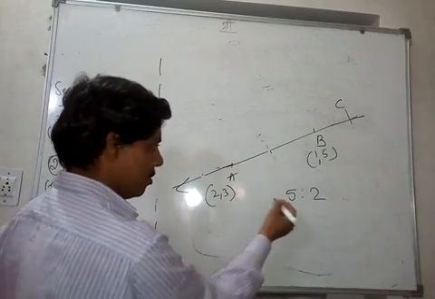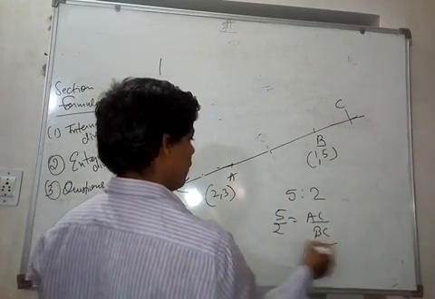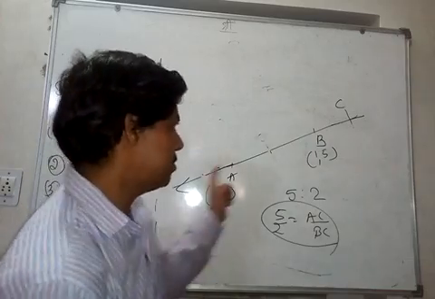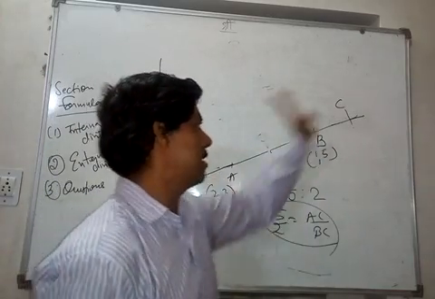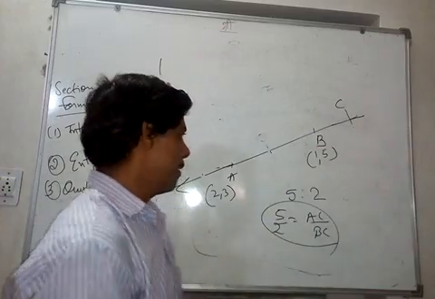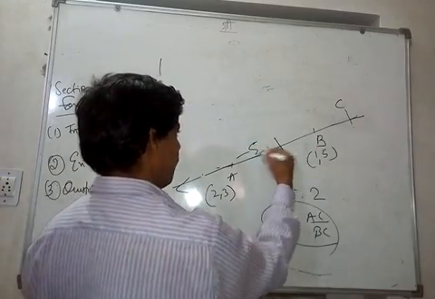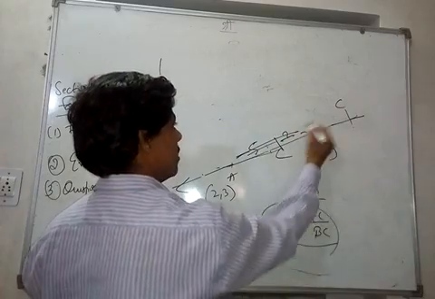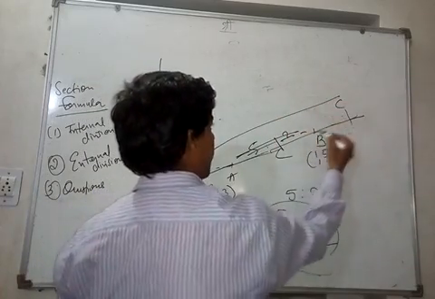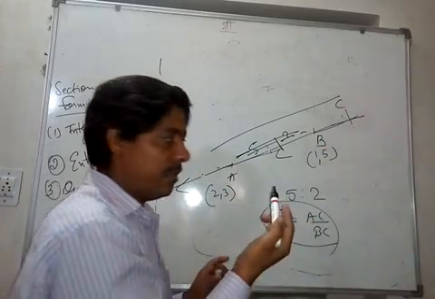The ratio he is talking about is AC upon BC. Even if it is outside, the ratio is 5:2, which means AC upon BC is 5:2. When C is here, this part is 5 and this part is 2. So when C is outside, this is called external division.